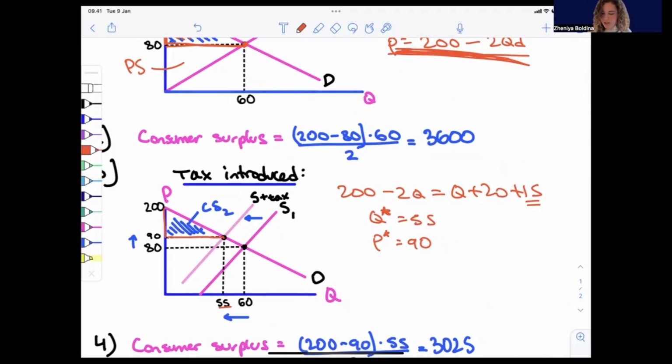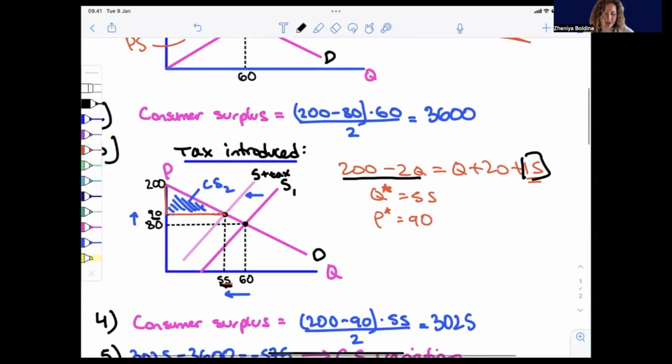So that's what we did here. You can see we added 15, that's our tax, to Q plus 20, and we're keeping the demand side the same, which is still 200 minus 2Q. And now we find the new equilibrium Q and P, which is 55 and 90, and we see it right here.